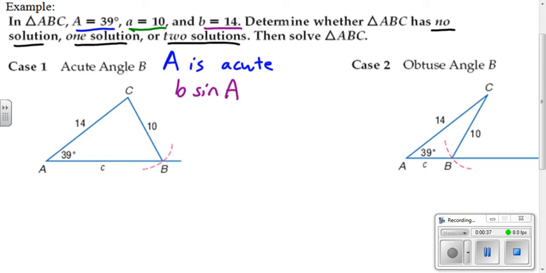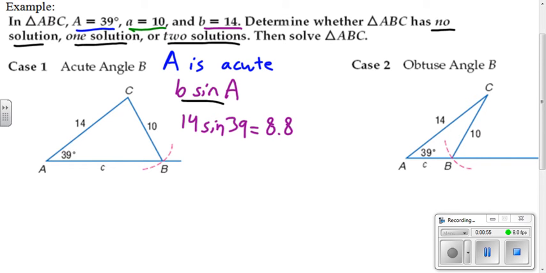Again, to do that, first thing we're looking for is B sine A. We know that our B, as we said, was 14 times the sine of A, which is 39. So B sine A is going to come out to approximately 8.8.